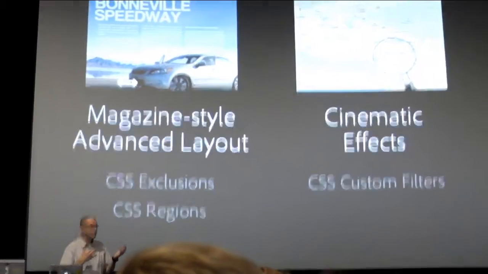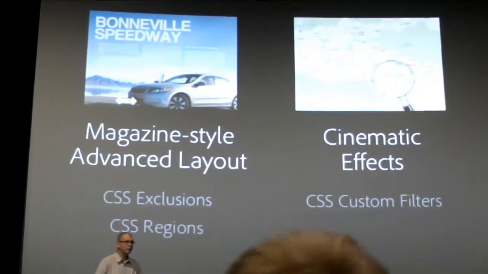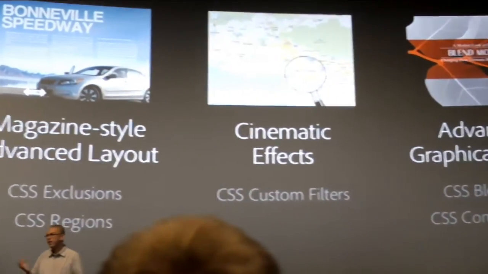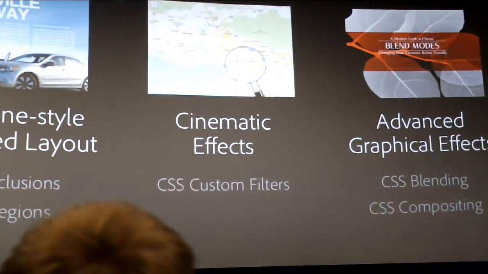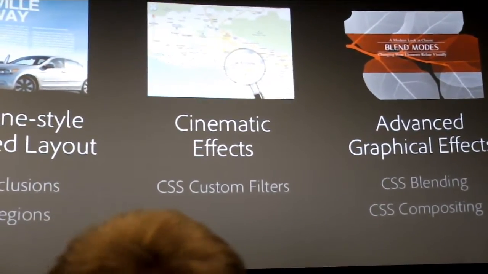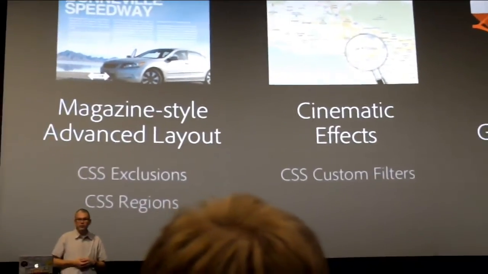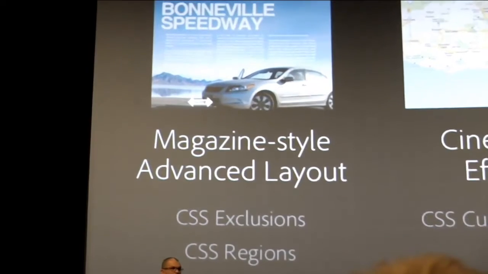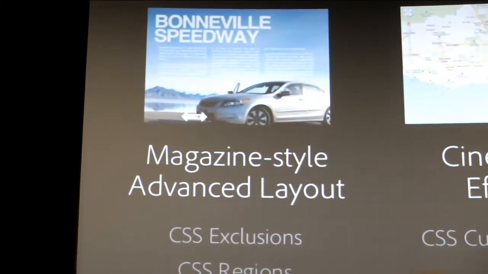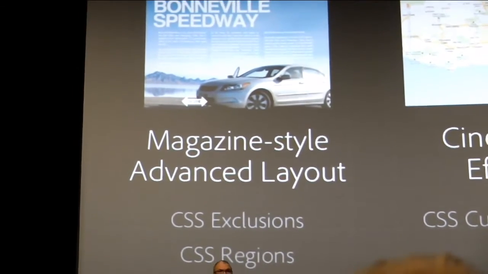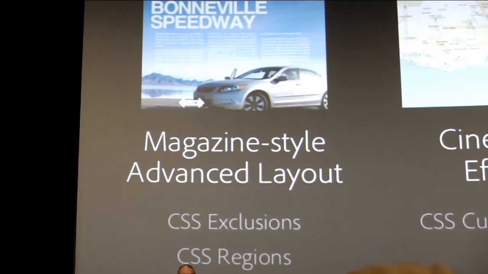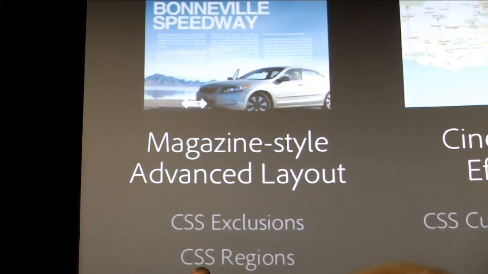So getting back to this first bucket of how Adobe helps move the web forward, we really focus our efforts in three key areas when we're thinking about how we're going to help move the core infrastructure of the web forward. The first is magazine-style advanced layout, and a lot of this comes from our history in print design. We're trying to bring the richness that you can get on the printed page to the web, through things like CSS exclusions and CSS regions.